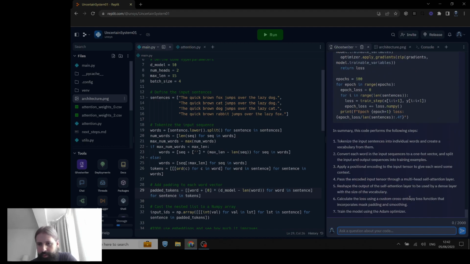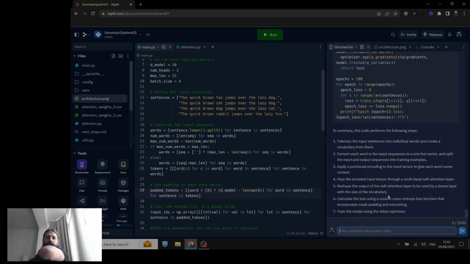You're taking the output of the self-attention, which is, let's assume, the same sentences multiplied by the attention tensors. And then you just have to actually train a neural network on top of that. Your training examples are these, and you're saying, well, if my input looks like that, then the next word that needs to be predicted is like this one, right? The output of the self-attention layer goes to the dense layer with the size of the vocabulary.